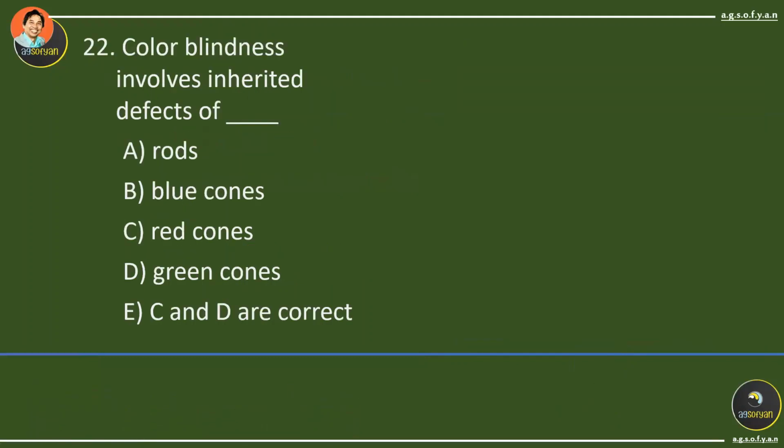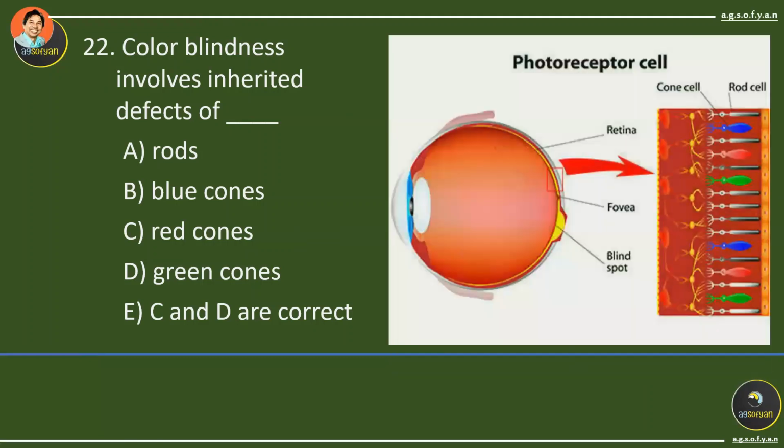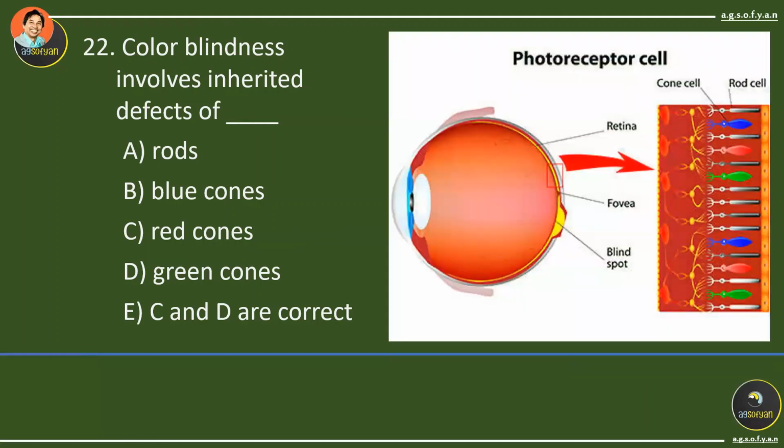Color blindness involves an inherited defect of rods, cones, blue, red, green, or red and green. In order to answer this, look at this picture. The photoreceptors used for seeing colors are called cones, and we have 3 types of cones: blue, red, and green.